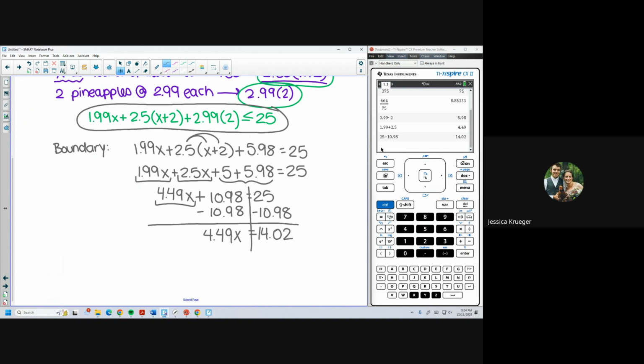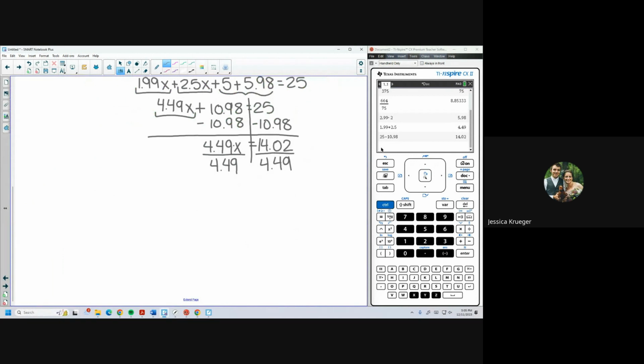And then the last thing I need to do to get x alone is divide by 4.49. Please remember or notice we are not dividing by 4.49x. We're just dividing by 4.49 to get the x by itself.